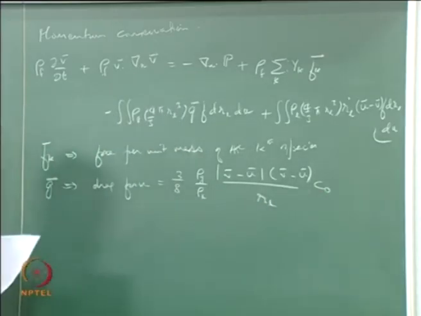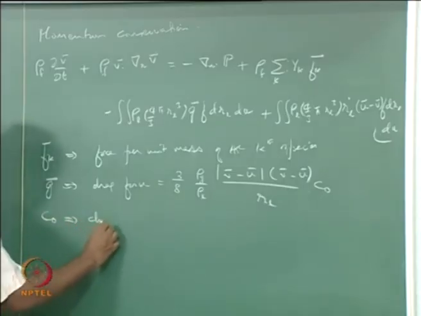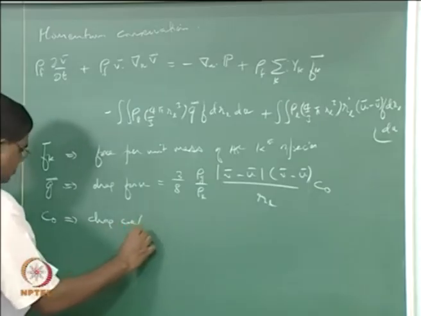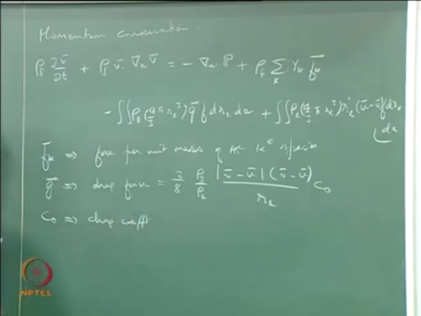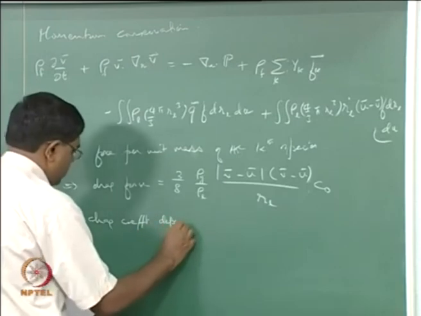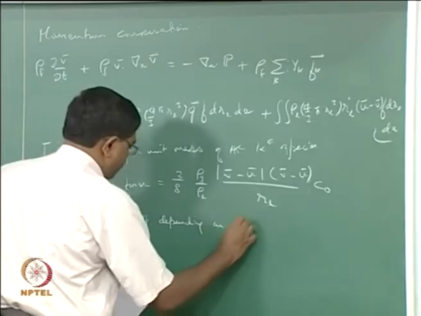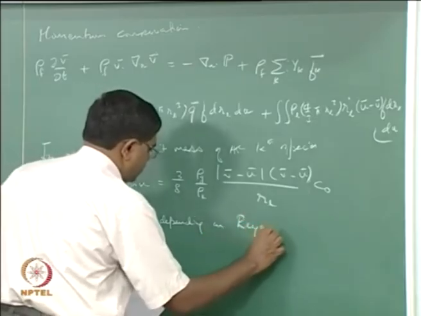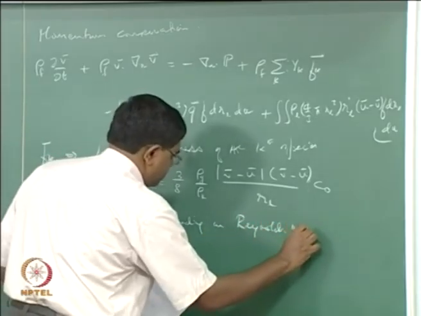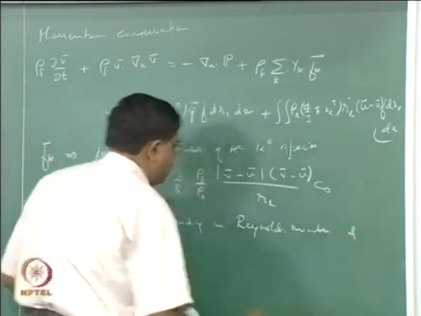Now CD is the drag coefficient depending on Reynolds number and mass transfer number.